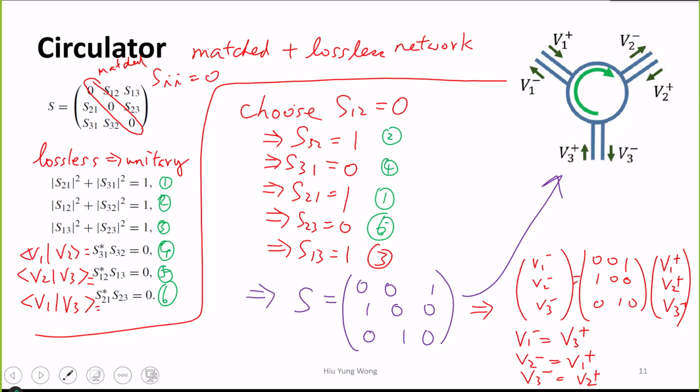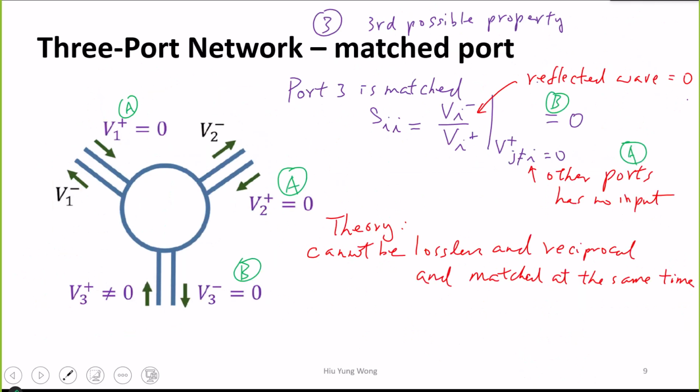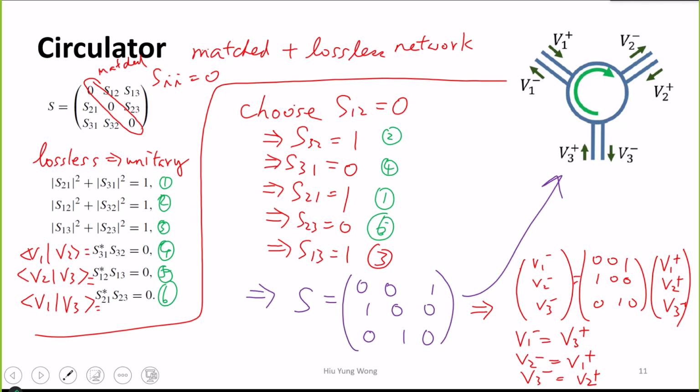So I have designed a 3-port network that will circulate my signal clockwise. It won't go the other direction. Okay. Why do I want to do that? But any questions here, let me know. I know I have lots of math, right? So now you can forget everything before. The final thing we need is that we do have something that will circulate the signal to its adjacent neighbor. Any question here?